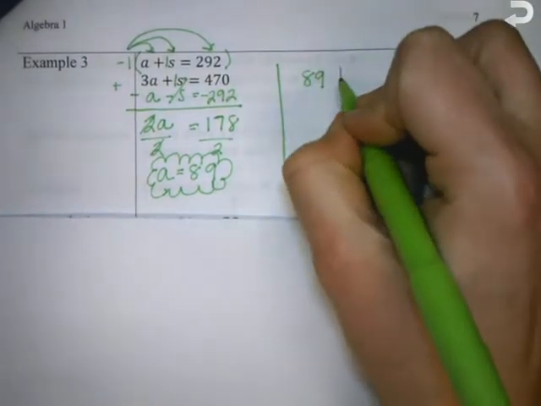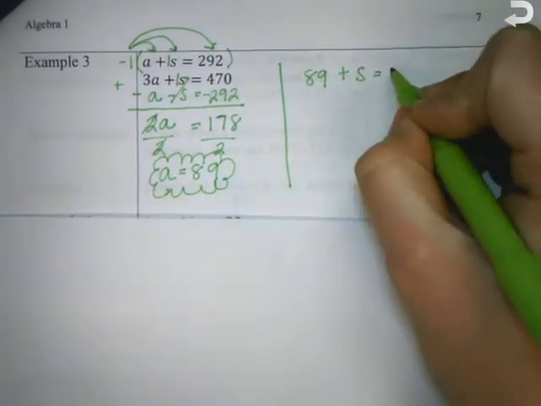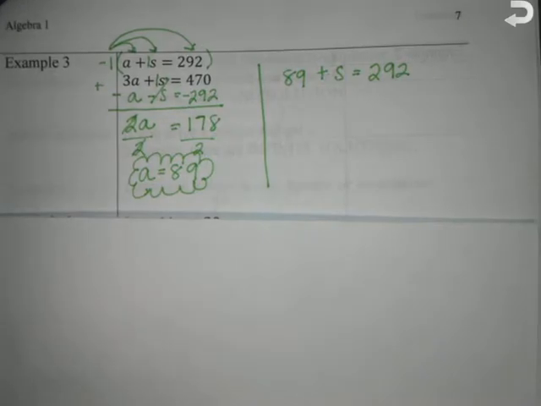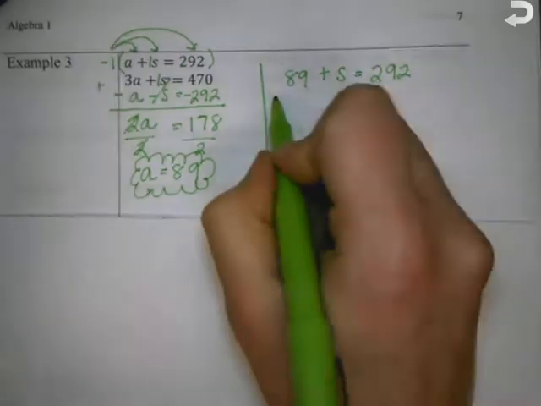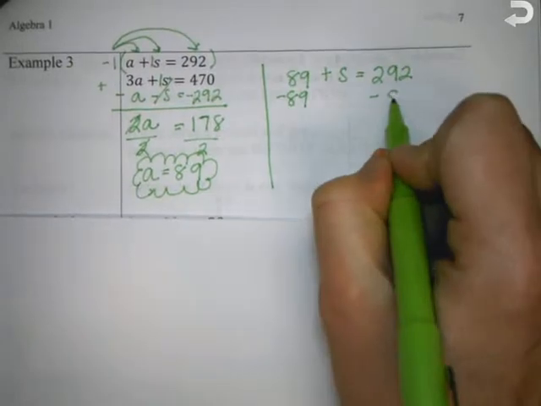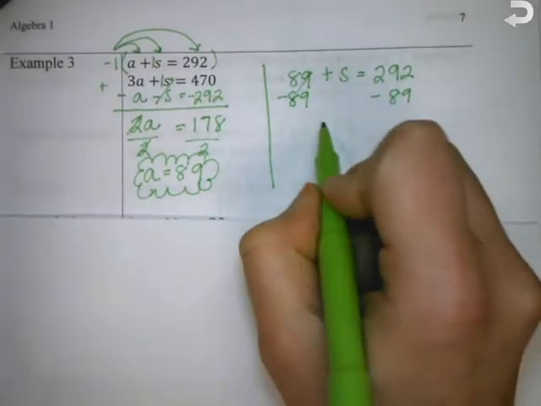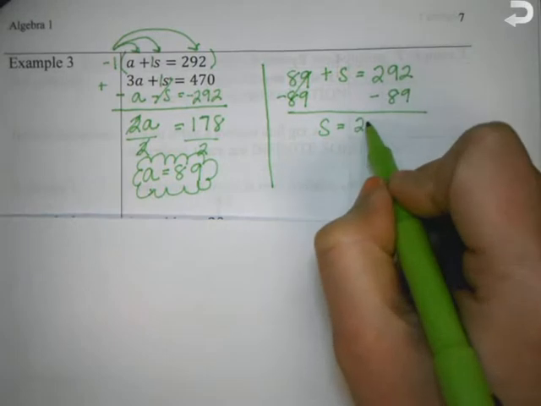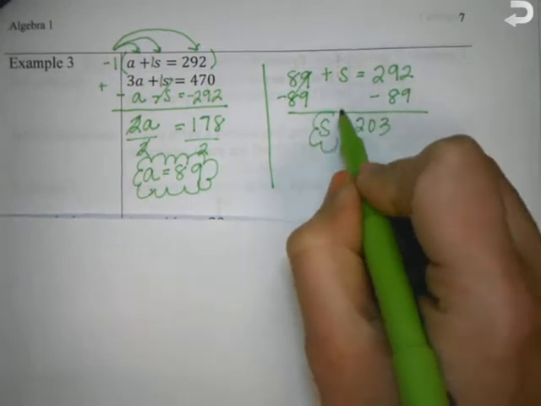How do I solve for s here? Subtract 89. So that gives me s equals 203. How do I write this as an ordered pair? 89, 203.